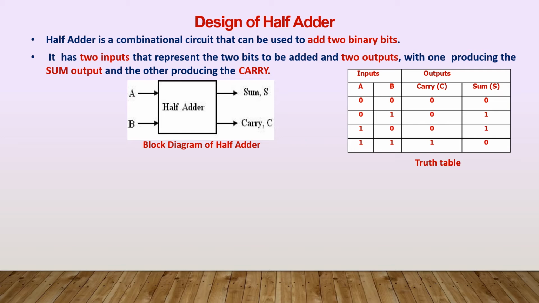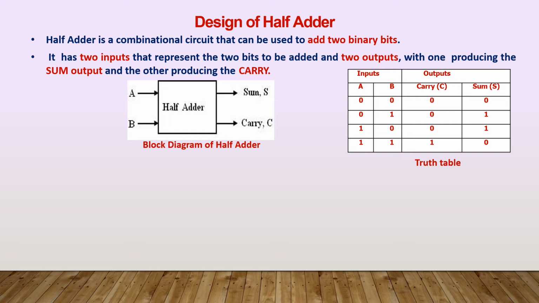A, B are the inputs. The 4 combinations are: both 0, or 0 and 1, or 1 and 0, or both 1. These are the 4 possibilities of input variables. Based upon these input combinations, we can write the output variables carry as well as sum. Here we are going to perform manual addition.